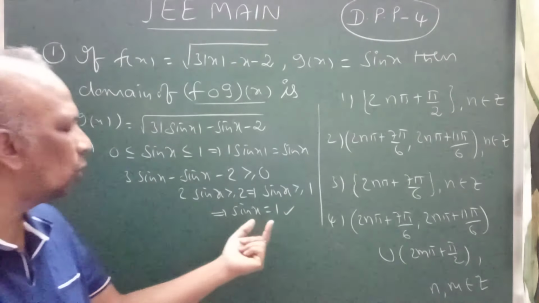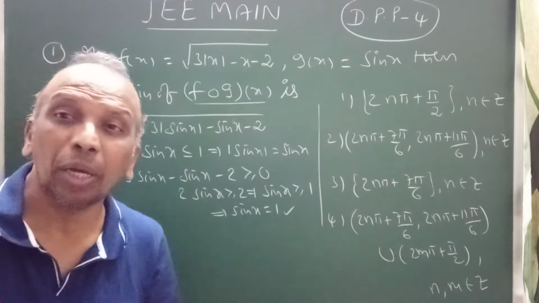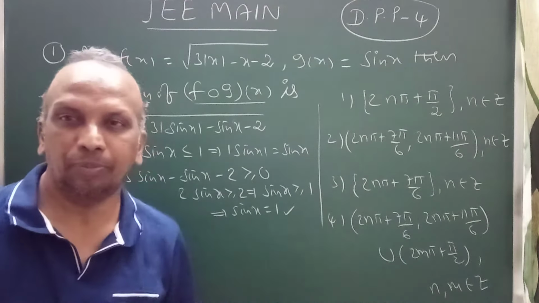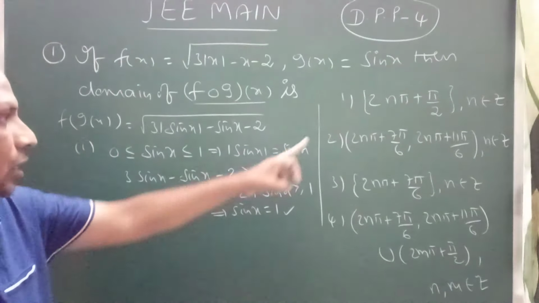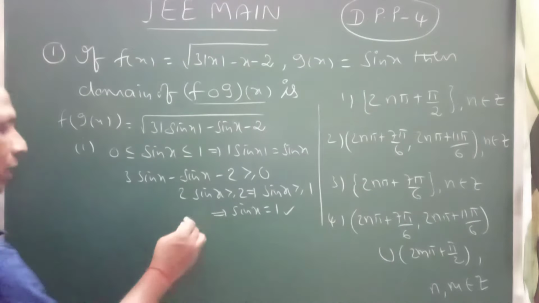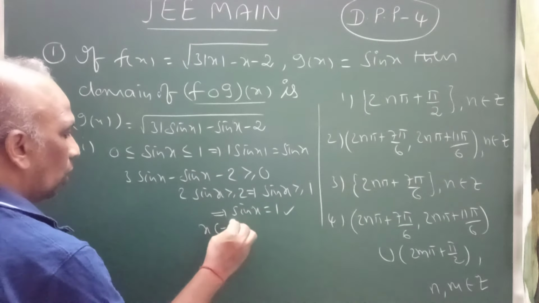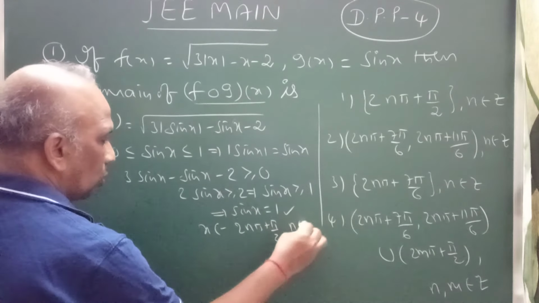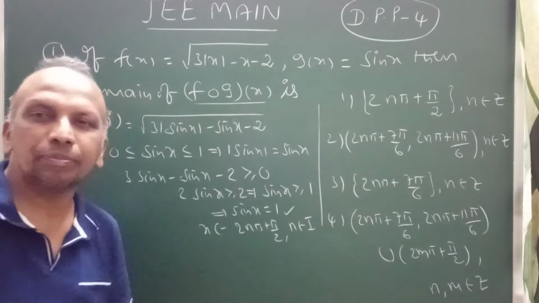Definitely when sin x is equal to 1, one of the solutions will be 2n pi plus pi by 2. So x belongs to 2n pi plus pi by 2, n belongs to integers.